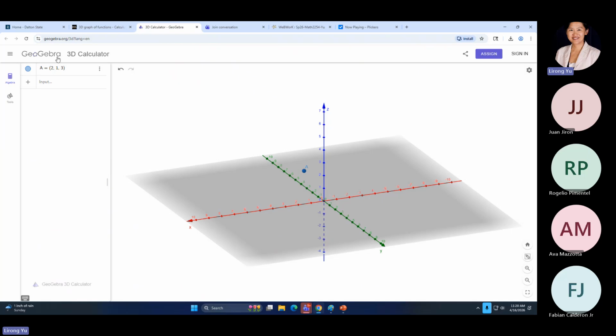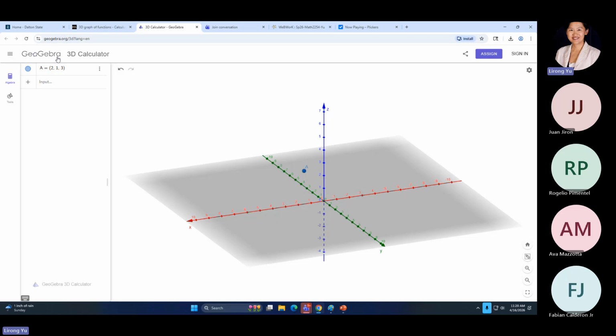GeoGebra means a combination of geometry and algebra. It's a graphing tool. Desmos can only draw a two-dimensional image. If you are graphing things in two dimensions, most of them can be done with desmos.com.